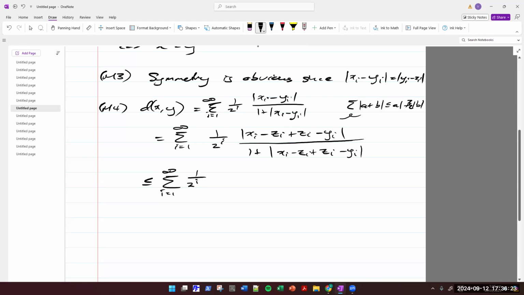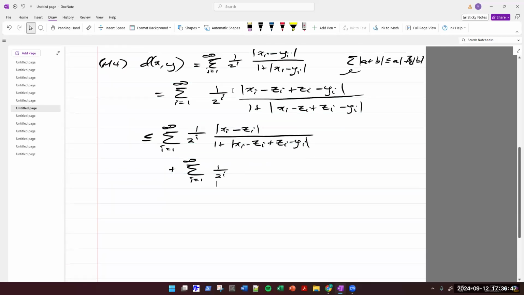So it's 1 over 2 to the i, xi minus zi, and below, that's my first term, plus the second term: zi minus yi all over 1 plus xi minus zi plus zi minus yi.